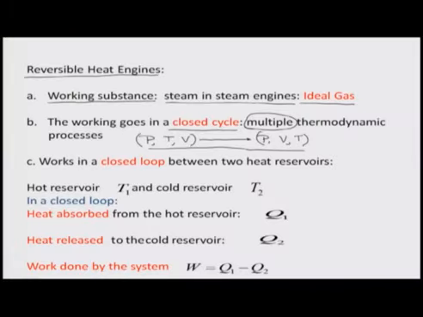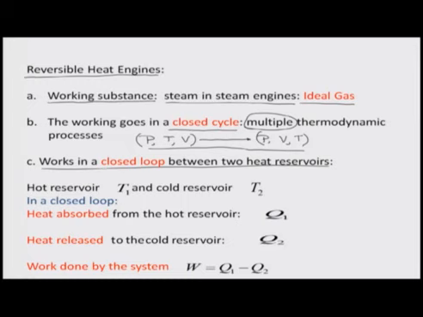So, I have a working substance. This working substance goes in a closed cycle, that is, multiple thermodynamic processes. I start from P, T, V, I should come back to P, T, V. It works in a closed loop between 2 heat reservoirs. So, an engine assumes the existence of 2 heat reservoirs.